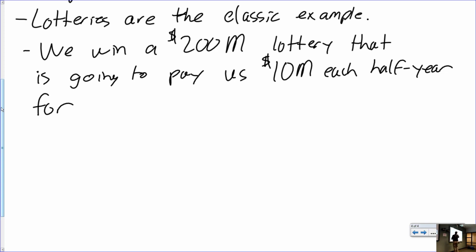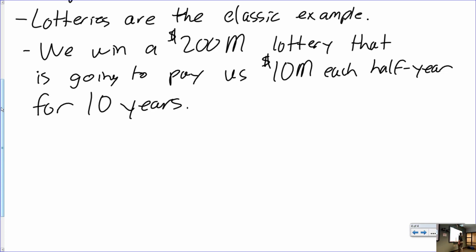So times 2, that's 20 payments. So it's going to pay us $20 million a year over 10 years. So 20 times 10 gets us to $200 million that we're going to get paid, right? But it's going to come in 20 $10 million chunks, and we have to wait every 6 months before we start collecting all of this, all right?